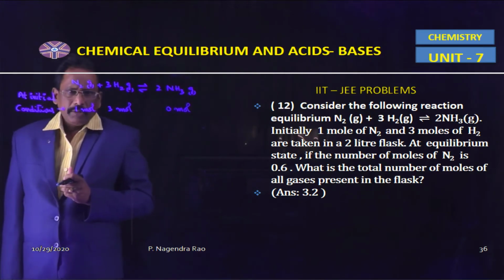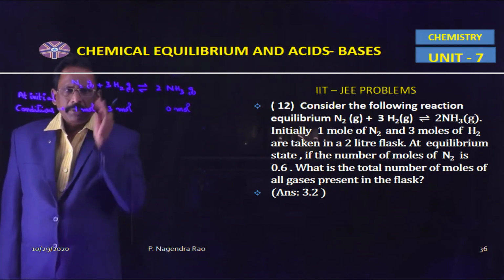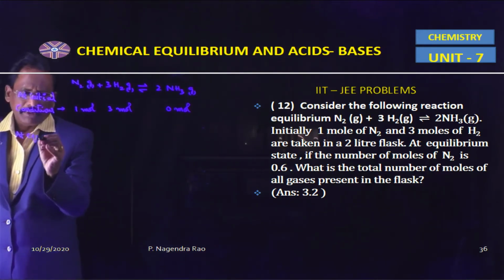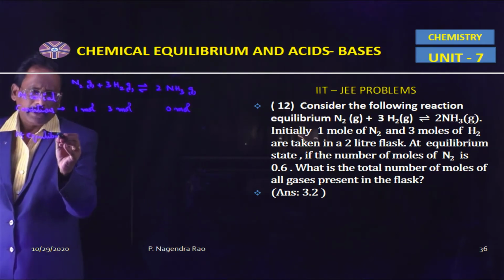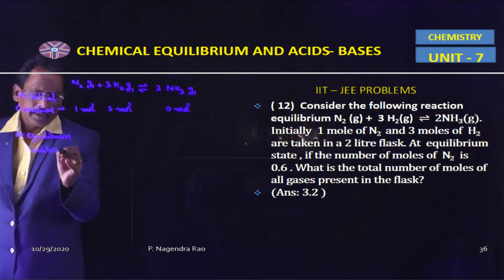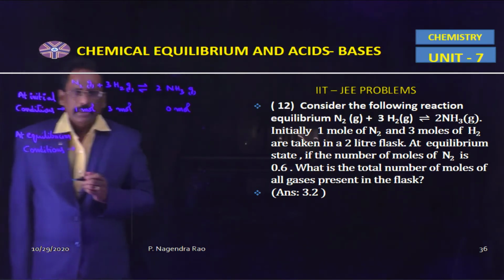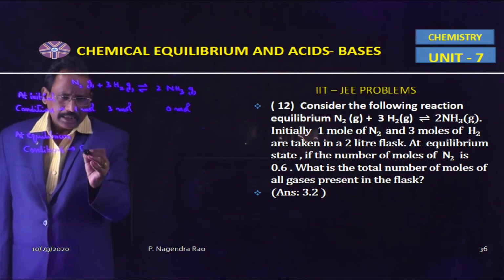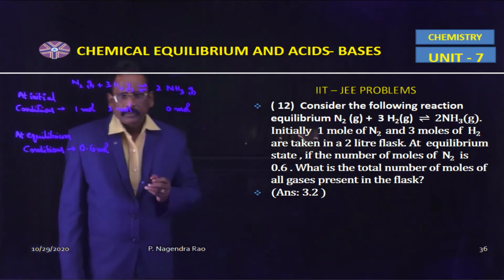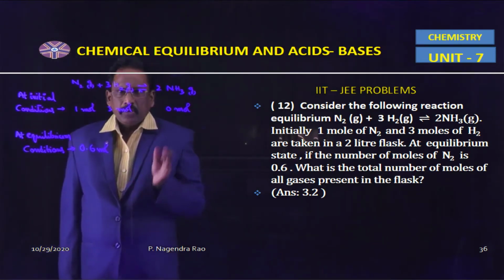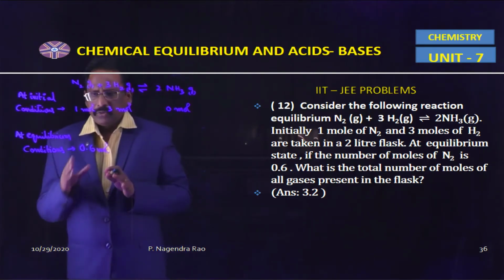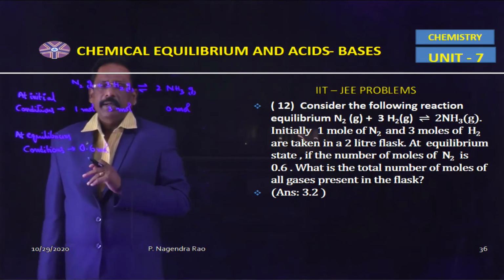After that, at the equilibrium stage, the number of moles of nitrogen gas is equal to 0.6 mole. Now calculate the total number of moles of all the gases present in the closed vessel at equilibrium conditions. Remember that.